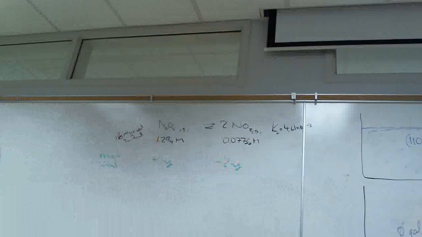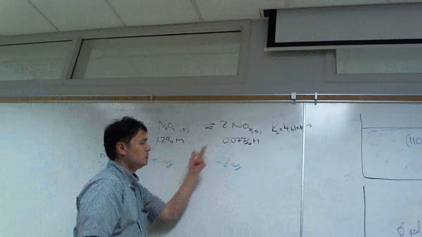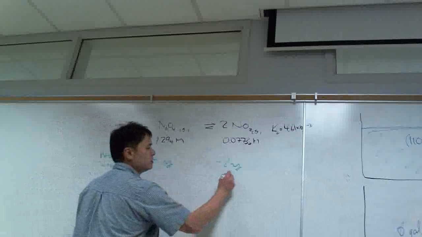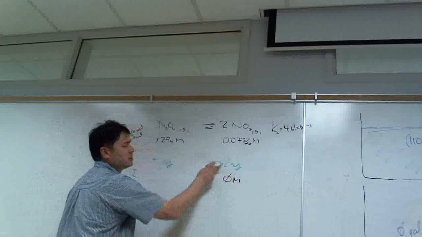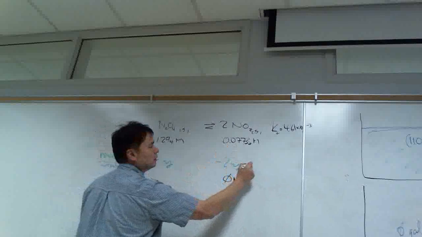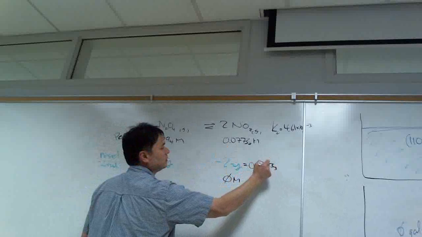When I reset, I look for the limiting reagent. What's the limiting reagent? Well, there's only one reagent, so that's the limiting reagent, and it's going to go down to 0. So this goes down to 0 molar. And that means 2y is 0.07733 molar.